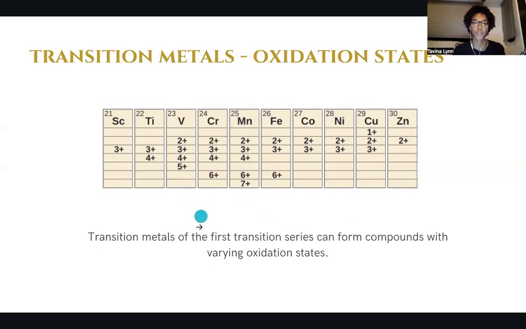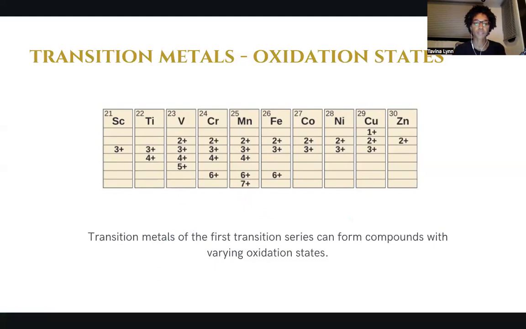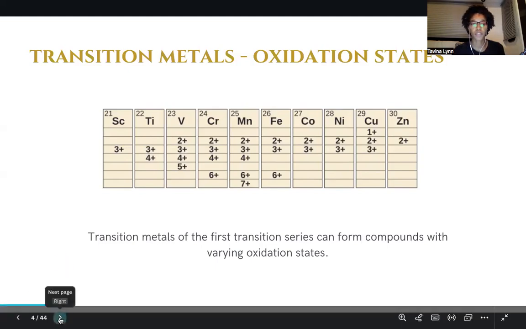So they're really cool in this way. And because of that, they have a lot of different applications. They're found in different forms of nature, and there are a lot of applications for transition metals, from technology to drugs to materials that we use.